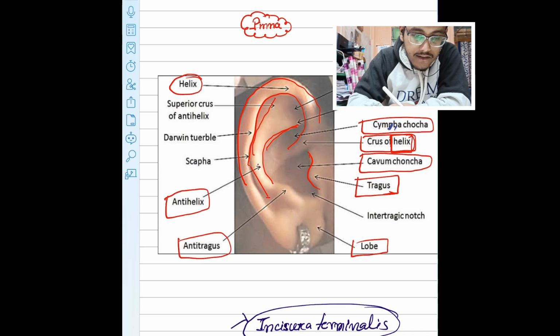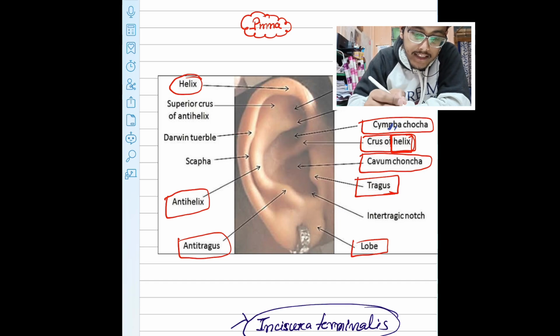That structure is known as the antihelix. Between these two crura there is a triangular fossa. The lower part of the antihelix ends in another bulge known as the antitragus. Between the helix and antihelix is the region of the scapha.